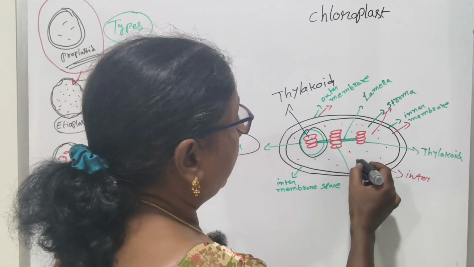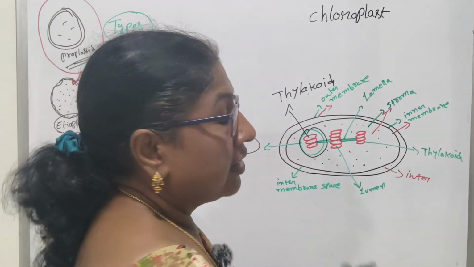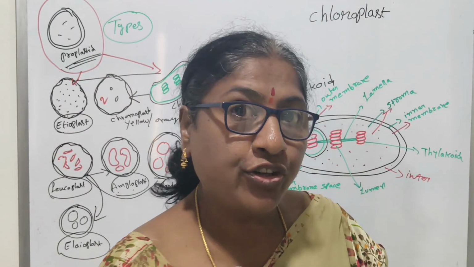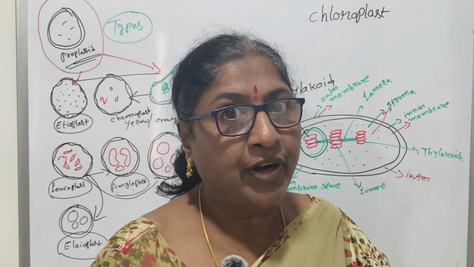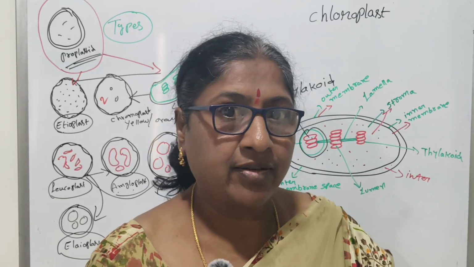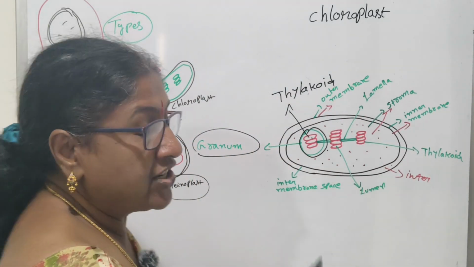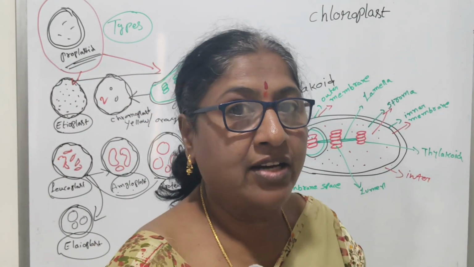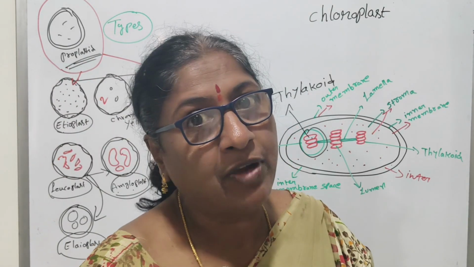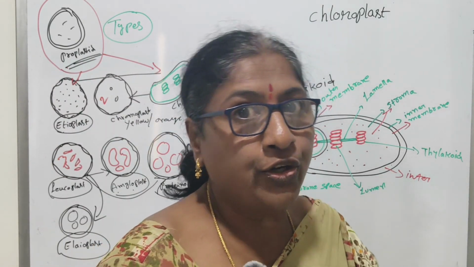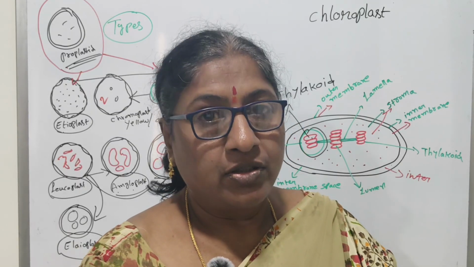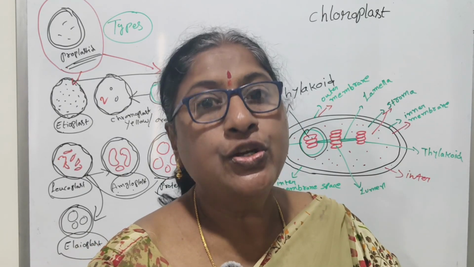Within the stroma, that chemical energy gets utilized to fix carbon dioxide into sugar. Thus, the total chloroplast is responsible for conversion of the light energy into chemical energy into food material, that is the sugar.